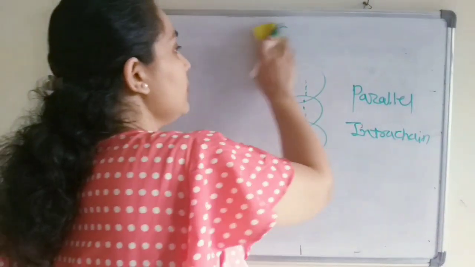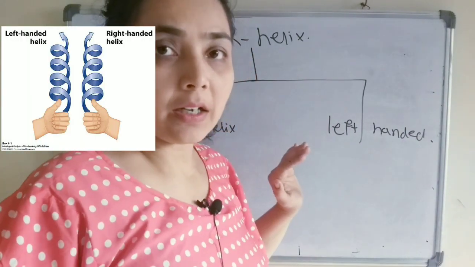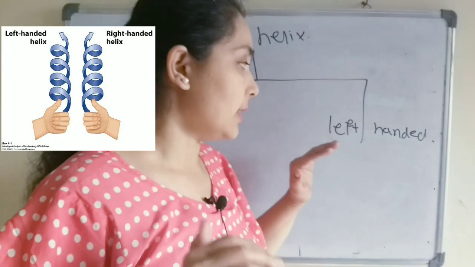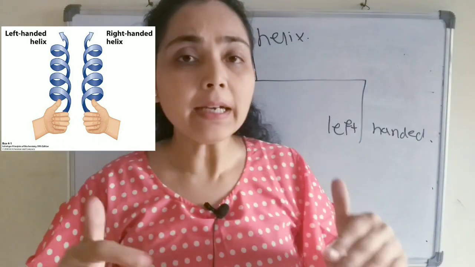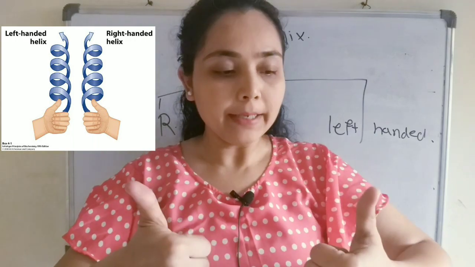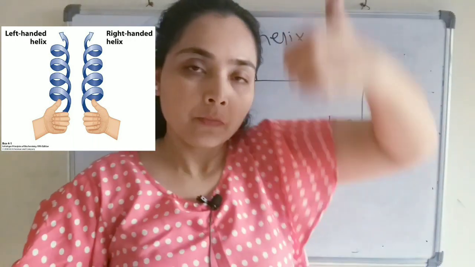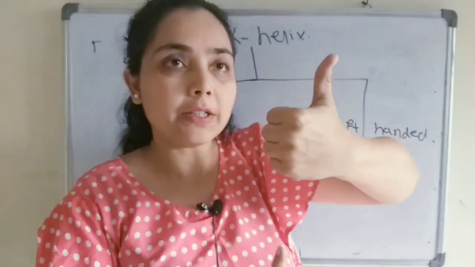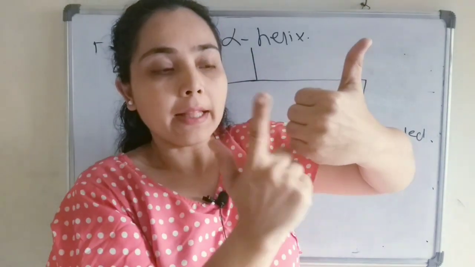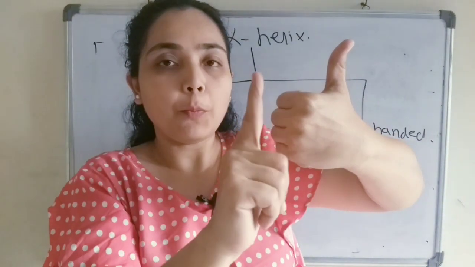Now the alpha helix is of two types: left-handed alpha helix and right-handed alpha helix. Let's understand what is right-handed and left-handed. For that, make a fist with both hands where the thumb is stretching outwards. The thumb shows the upward direction of movement, and the curled fingers demonstrate the rotation of the polypeptide chain.